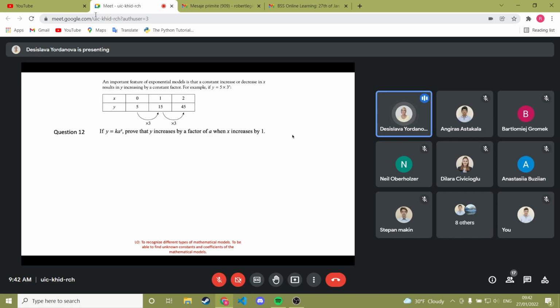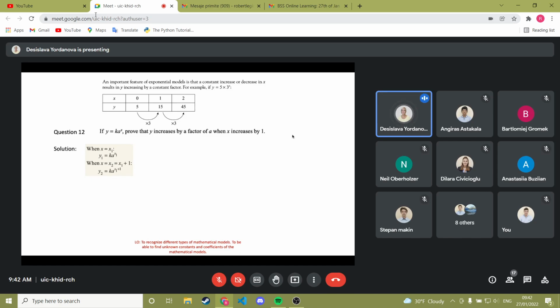So if y equals k a to the power of x, to prove that y increases by a factor of a when x increases by 1, we can just write step by step. When x equals x1, y equals k a to the power of x1.